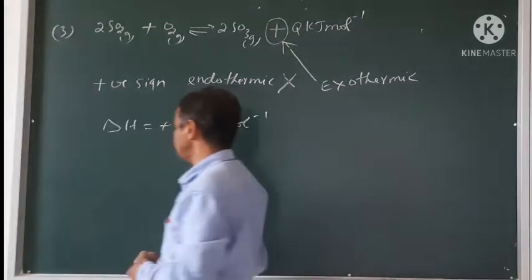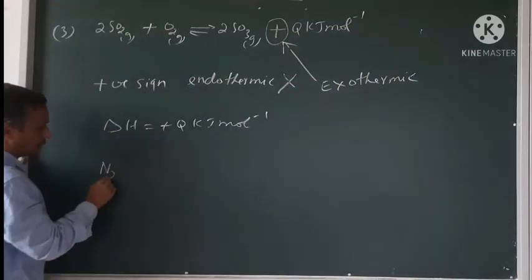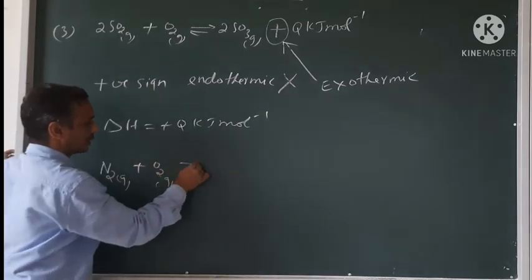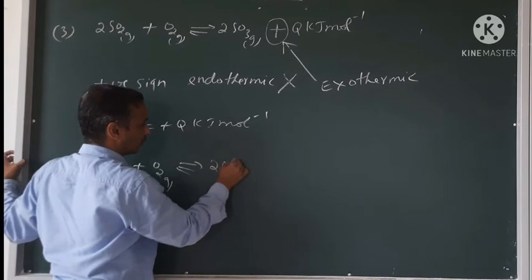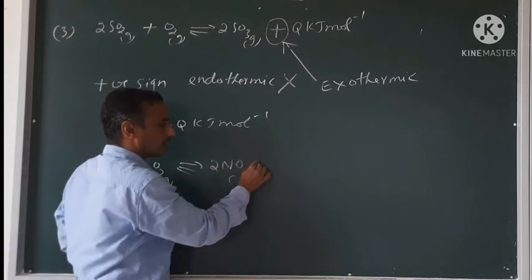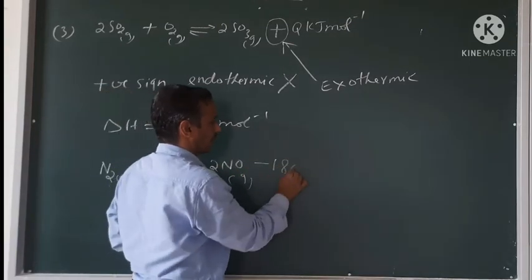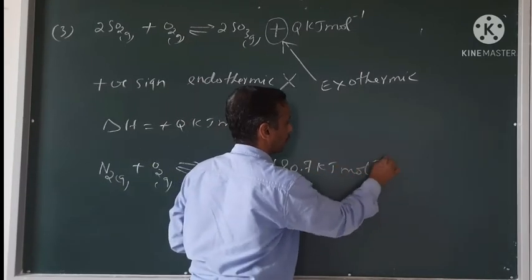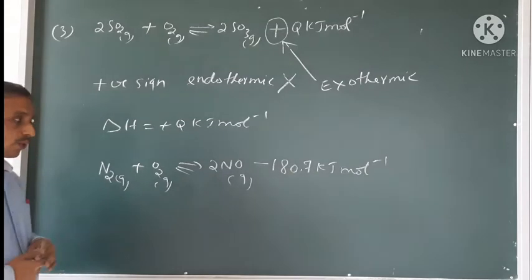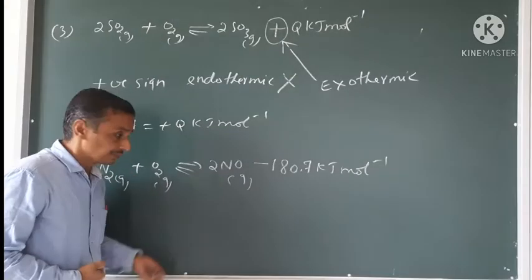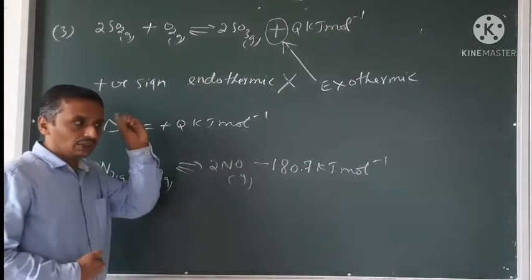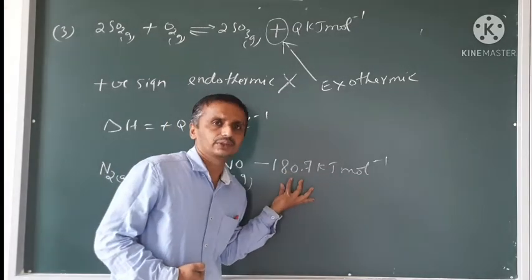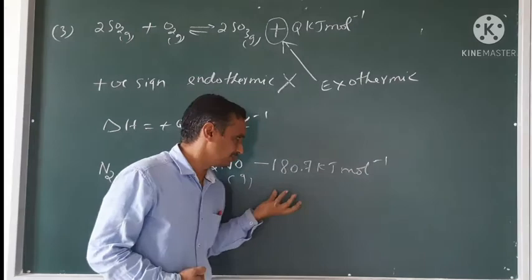Just see, N2 gas plus O2 gas giving 2NO gas minus 180.7 kilojoules per mole. What is happening here? This reaction is deficient of this much of heat content, which you call enthalpy.